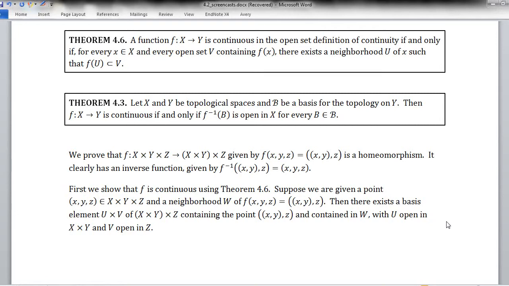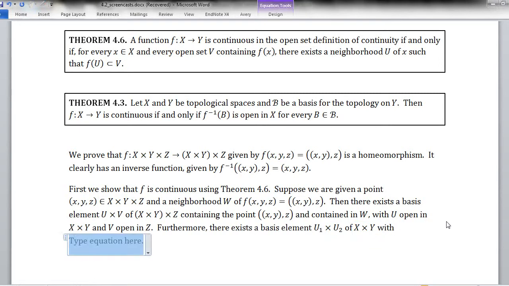Furthermore, there exists a basis element, let's call it U1 times U2, of X times Y with the point (x, y) contained in U1 times U2, which itself is contained in U.